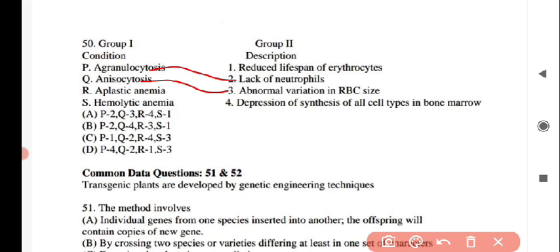For aplastic anemia, the correct answer is option number 4, that is depression of synthesis of all cell types in bone marrow. And for hemolytic anemia, the correct answer is option number 1, that is spherocytes of erythrocytes. So option A is correct for this question.